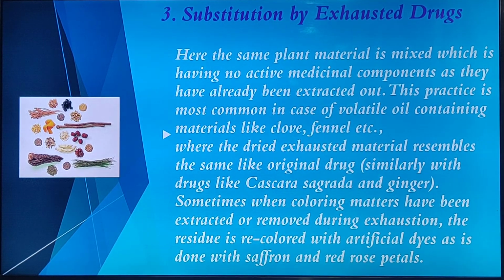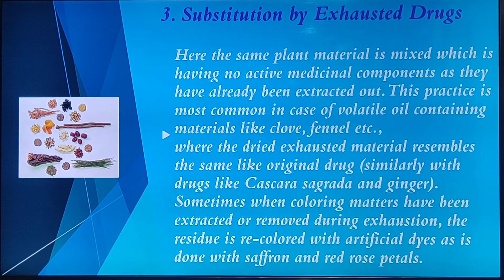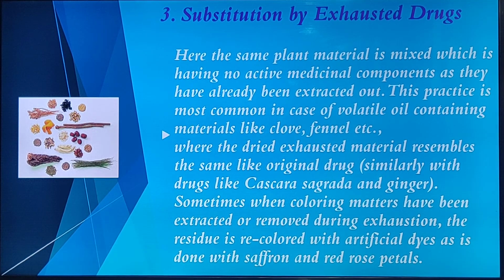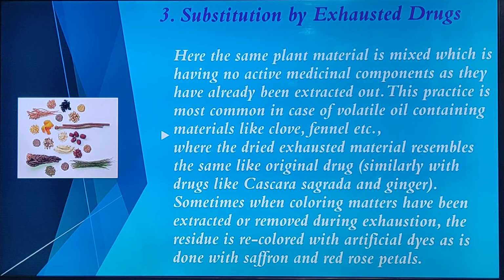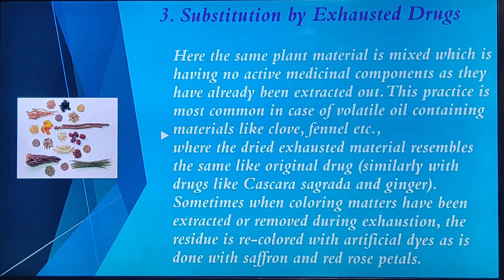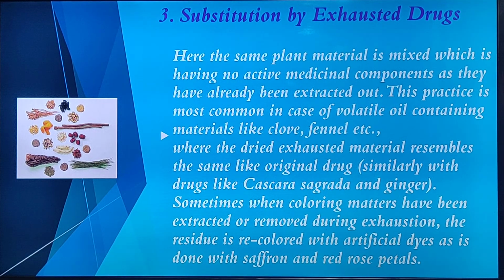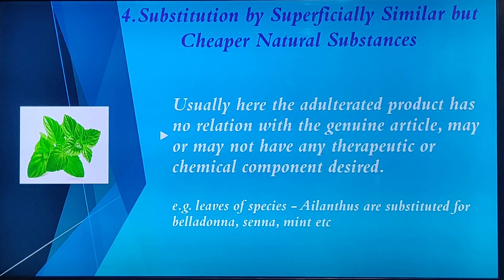Similarly with drugs like cascara sagrada and ginger. Sometimes when coloring matters have been extracted or removed during exhaustion, the residue is recolored with artificial dyes, as is done with saffron and red rose petals.